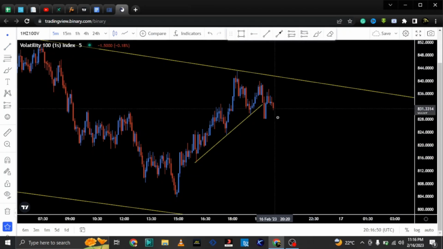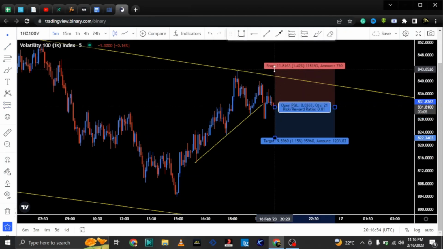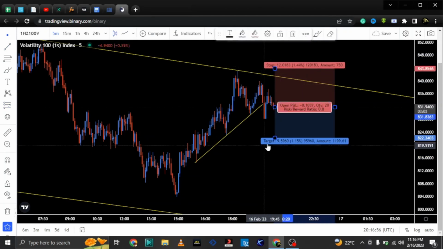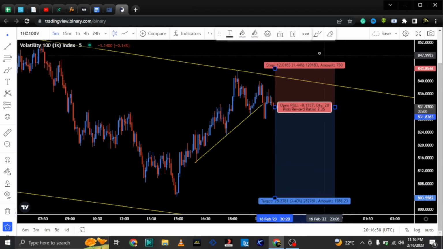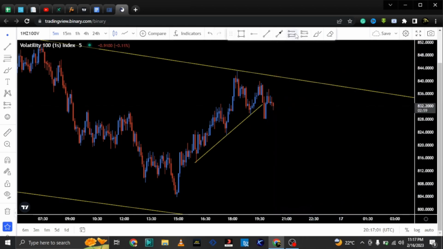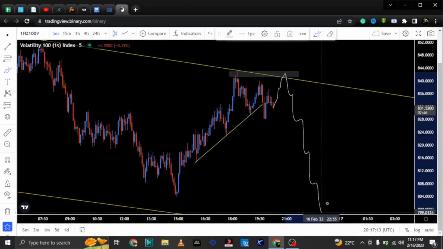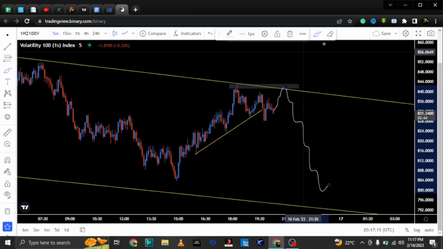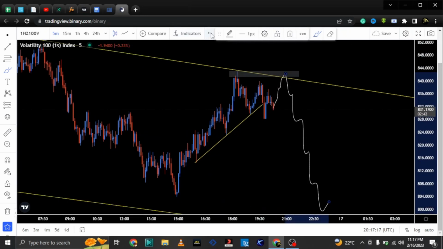So what we can do is there are two ways to go about it. You can enter here and place your stop loss somewhere around there and target, of course, that level to the downside, or you can wait to see if this market will come back again to this level over here, because the market could decide to come up over here and give us a clean double top before it moves to the downside.